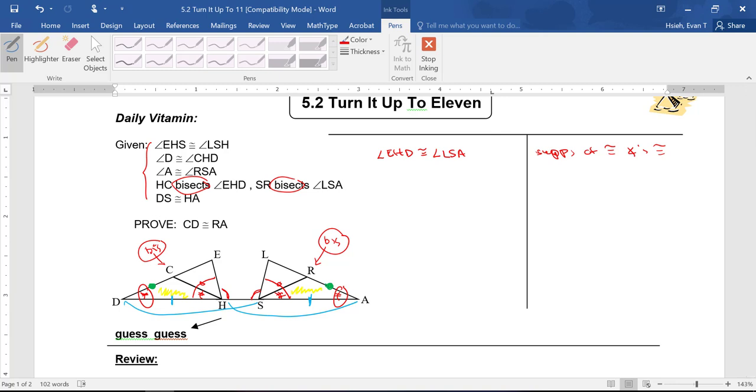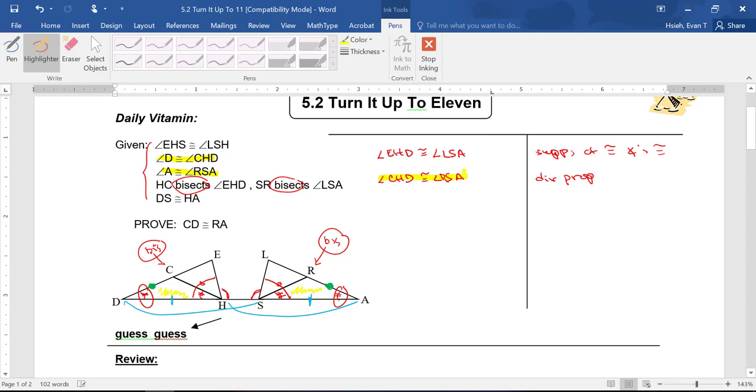And then I also know that angle CHD is congruent to angle RSA, and that would have been by division property. And then hopefully I can see here that I got these givens right here. And here.